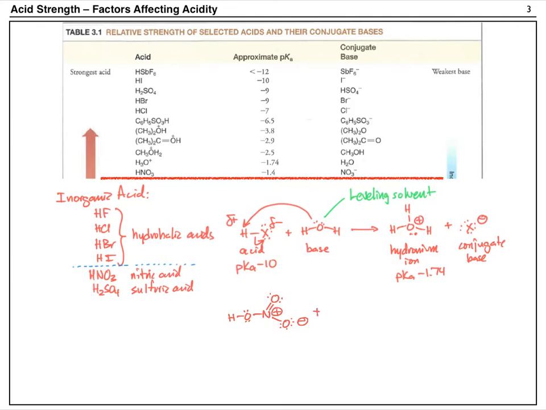Again, we're reacting this with water as our base. So we're abstracting this hydrogen. We are then cleaving this bond. The electrons go on the oxygen, and we see. So let's draw out the conjugate acid again, and that's hydronium ion. Now the conjugate base.